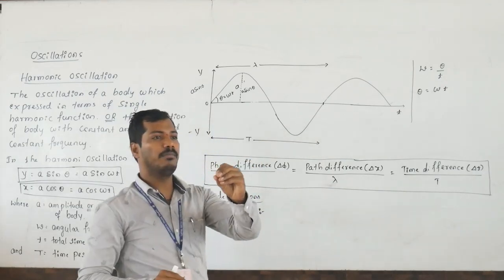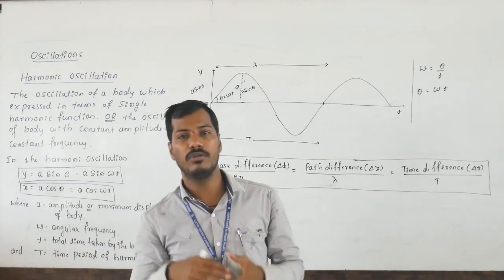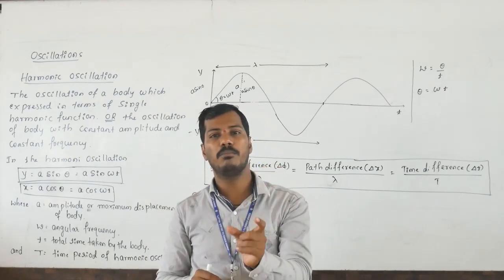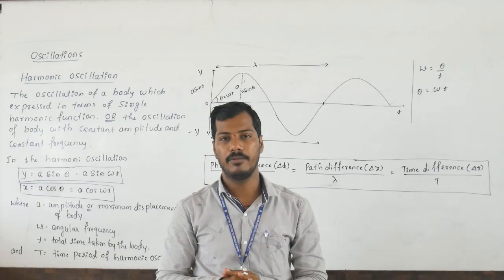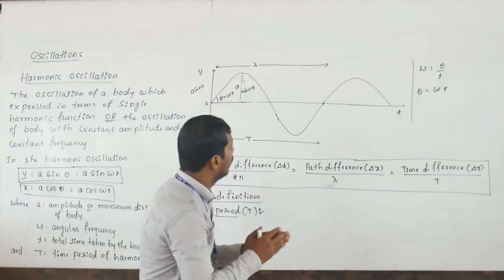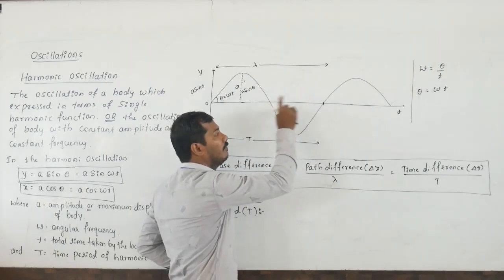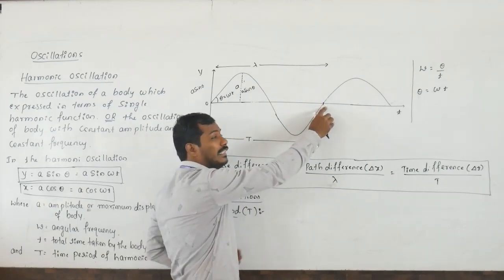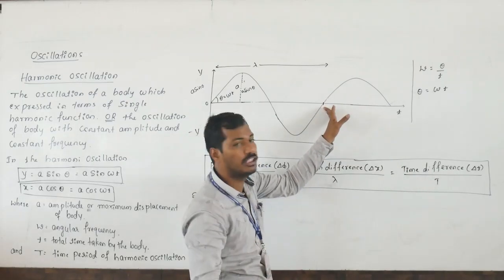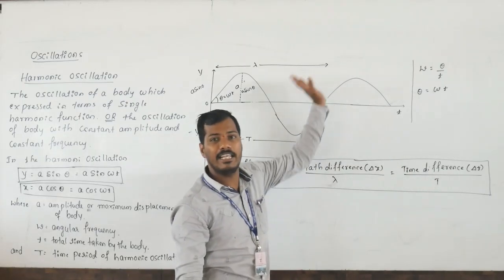By our definition, the time period is nothing but the time taken by the body to complete one revolution. Or, after completing one revolution, it starts to repeat itself.